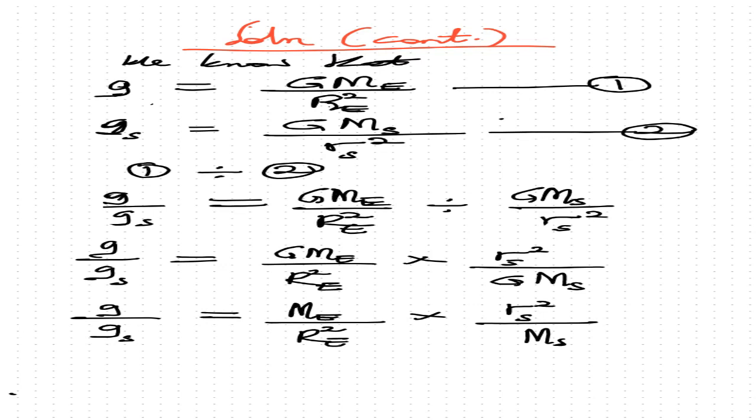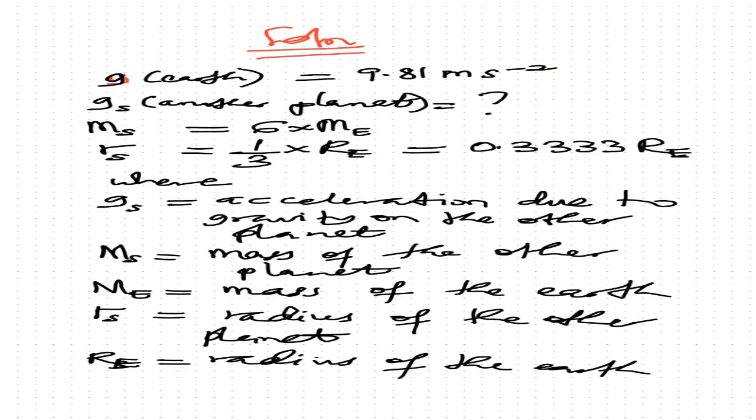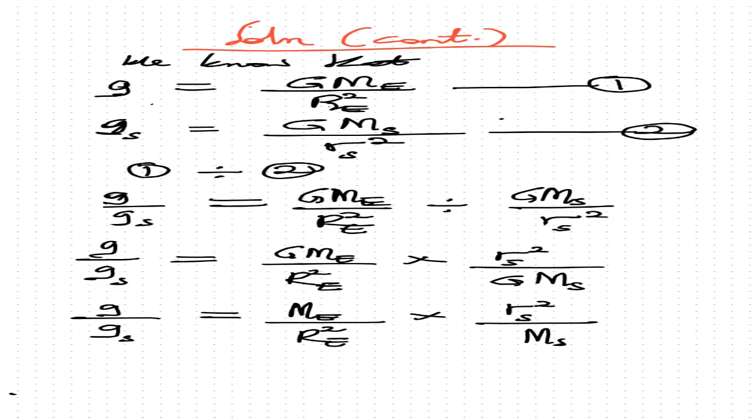But don't forget the question stated here. We need to fix this information inside. The question stated clearly that the mass of the other planet we want is 6 times the mass of the Earth, and the radius of that other planet is 1/3 that of the radius of the Earth. So wherever I see MS, I can put 6 ME there. Likewise, wherever I see RS, I will put 0.3333 RE there. So now let's continue from where we have gotten to.